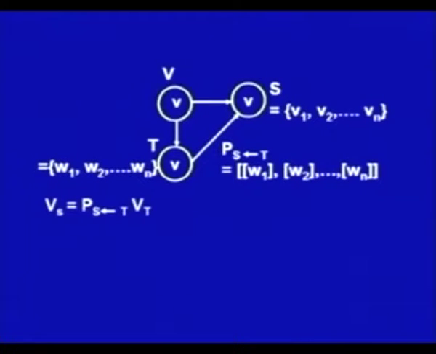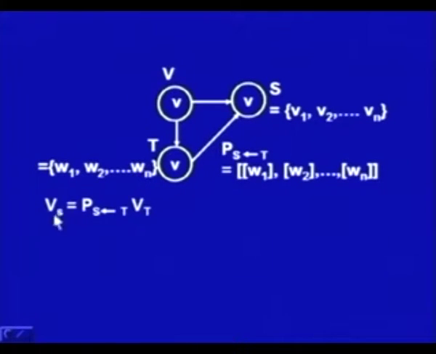Now to start with, let us say V is a vector space of dimension n, S and T be its two bases, S consisting of V1, V2, ..., Vn is the basis for S, and T is W1, W2, ..., Wn basis for V. Now let us say the vector V can be expressed as Vs in terms of the vectors V1, V2, ..., Vn and Vt in terms of basis W1, W2, ..., Wn.